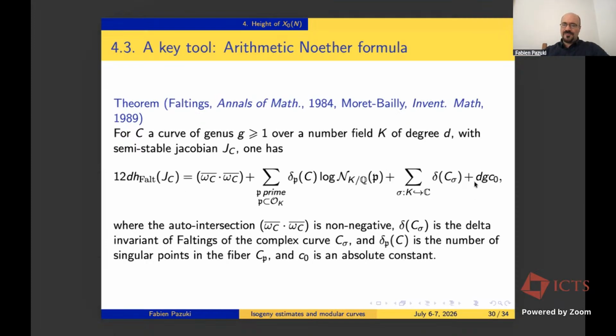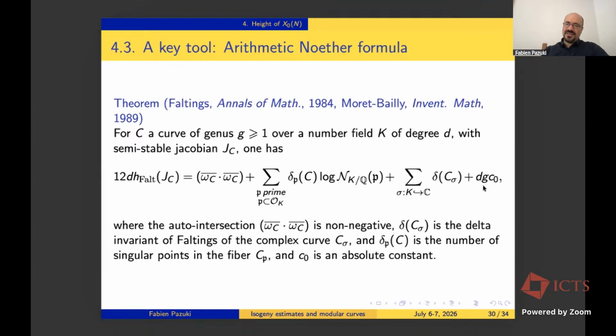I do mention something on this final little term. This will obviously move a little bit if you change the normalization of your Faltings. The C0 is explicit, kind of log of 2 pi or log of 2 or something like that.